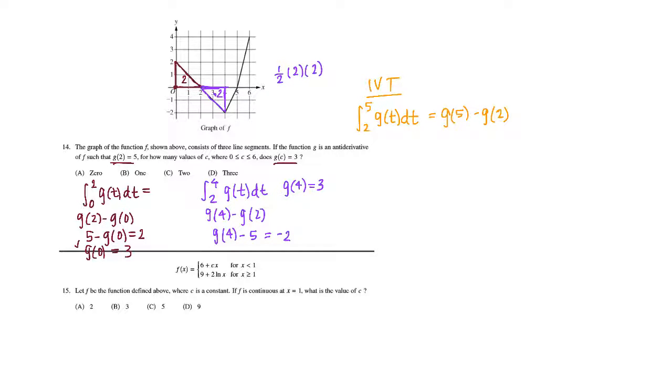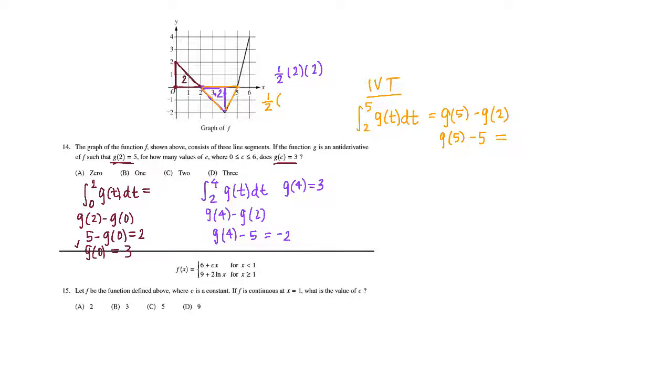And again, we know G at 2 has a value of 5. So we have G at 5 minus 5. Now we need to find out also, well, what does that equal? So we're going to be integrating from 2 all the way over to 5. So now we're looking at this big triangle here from 2 to 5. So again, 1/2.